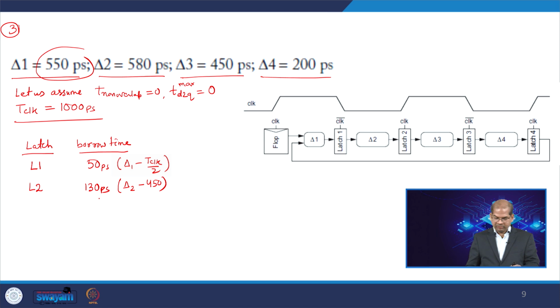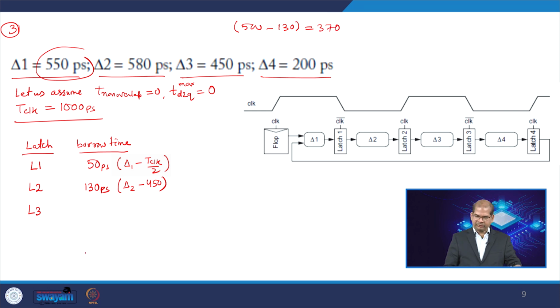Now, what about L3? How much will L3 borrow? Now, 130 picosecond is already borrowed by L2, so you have 500 minus 130, which is 370 picosecond.